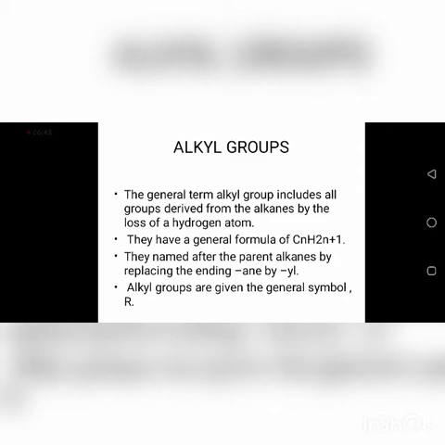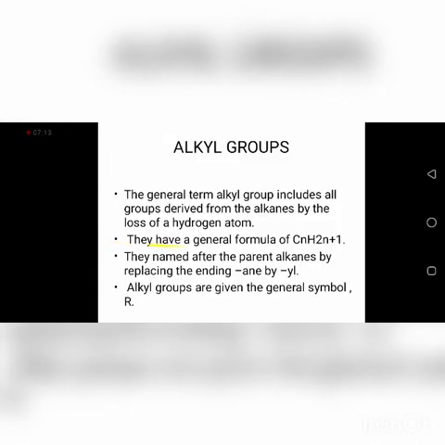If we remove one hydrogen atom from an alkane, what is left is an alkyl group. The general formula for alkane is CnH2n+2; when one hydrogen is lost, you now have CnH2n+1. They are named after the alkane by replacing -ane with -yl, and they have the general symbol R. We represent R by alkyl.